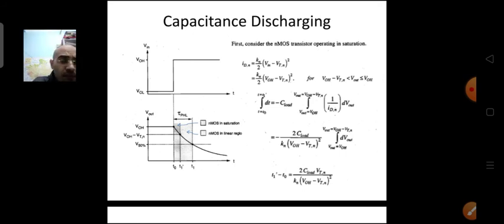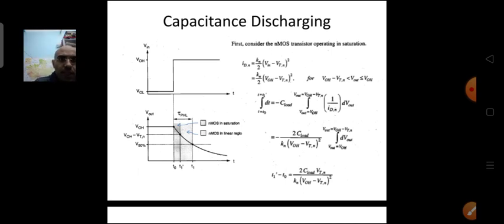On the left side the integration limits will be from t0 to t1 dash, and on the right side from VOH to VOH minus VTN. If you integrate and substitute these things, it's not difficult, you can do it on your own, but you can see the calculations and you can see that t1 dash minus t0 will be something like this formula.